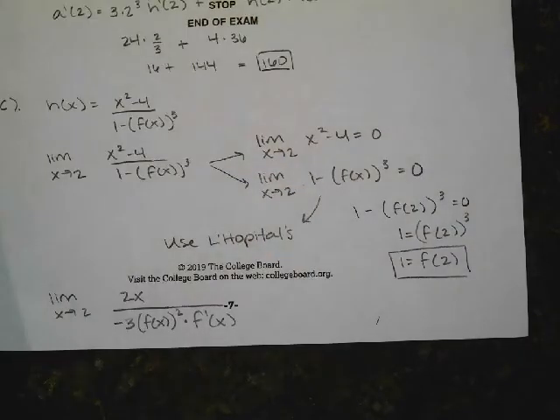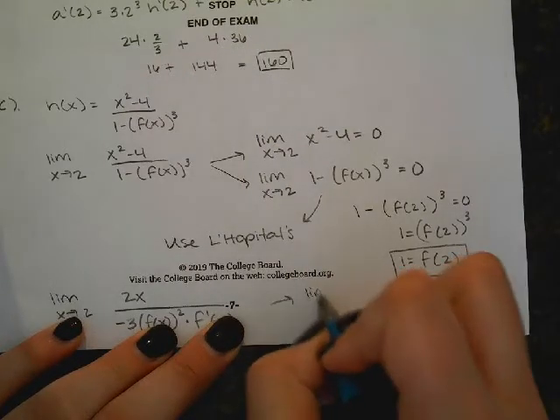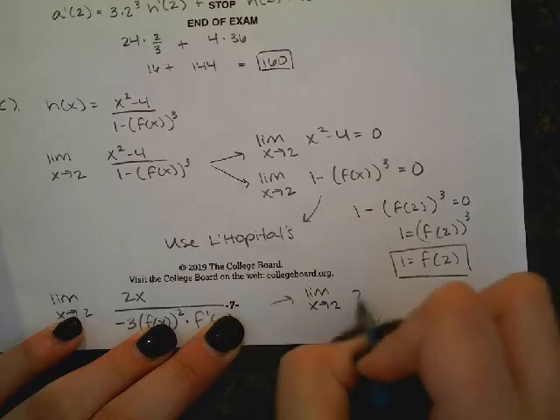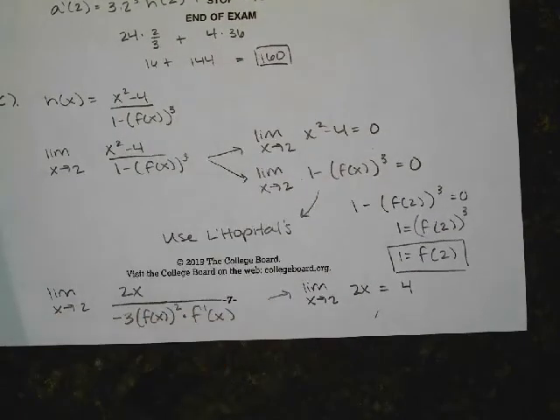I said with L'Hopital's, I know that I need to split the top and the bottom apart, and so I did that. So the top would be the limit as x approaches 2 of 2x, and then I went, uh-oh, that's 4. And so this is where I had to be a little bit more careful and think a little bit differently.